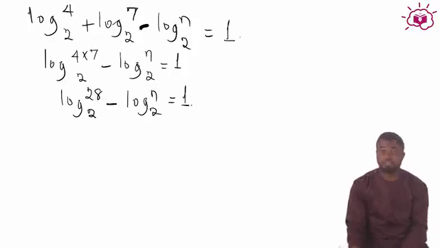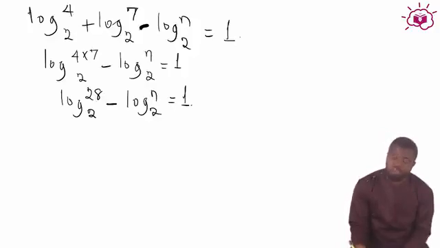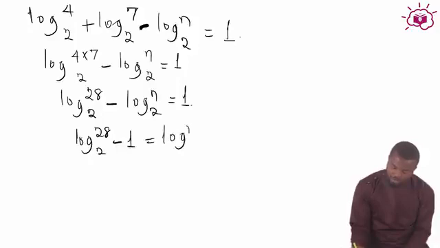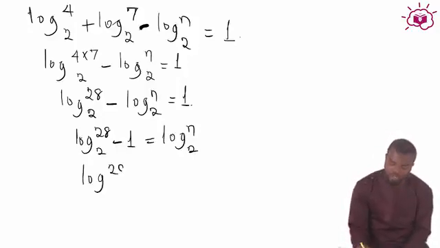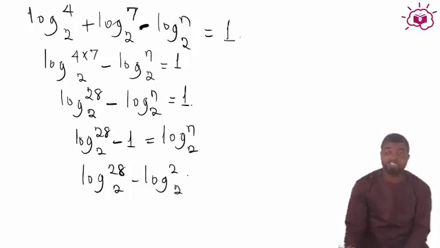Now, this is going to be tricky, but you will understand it. You bring the 1 to the other side, collecting like terms. So we have log 28 base 2 minus 1 equal to log n base 2. Log 28 base 2 minus 1 can also be written as log 28 base 2 minus log 2 base 2. This is the same as the first rule in logarithms, where the log of a number to the same base is equal to 1.